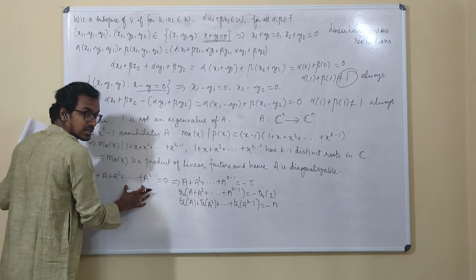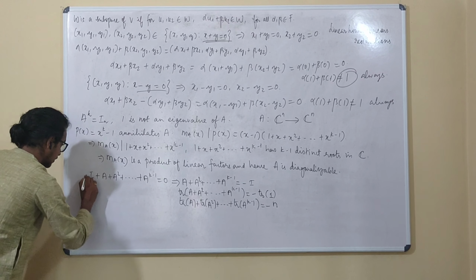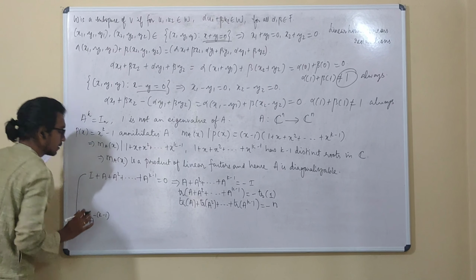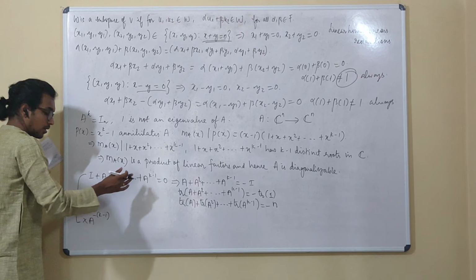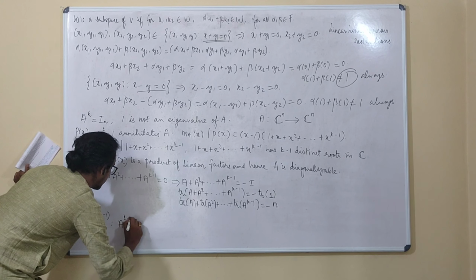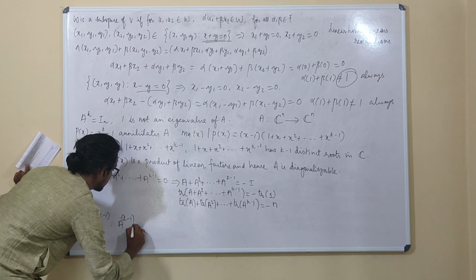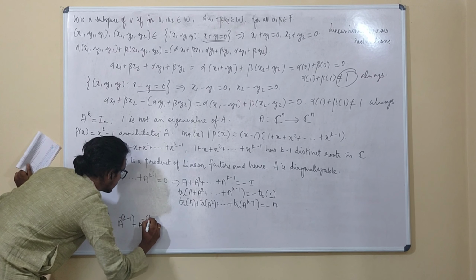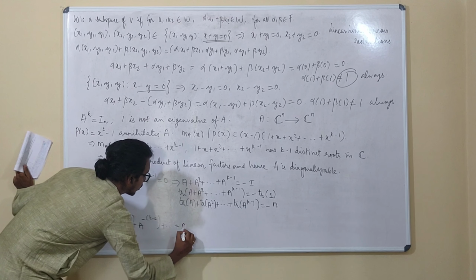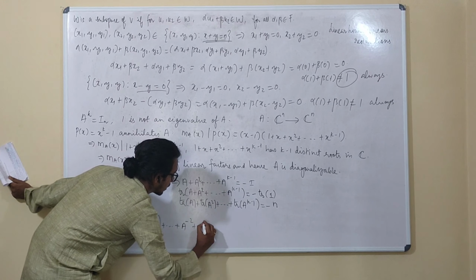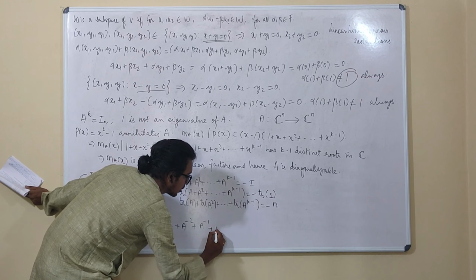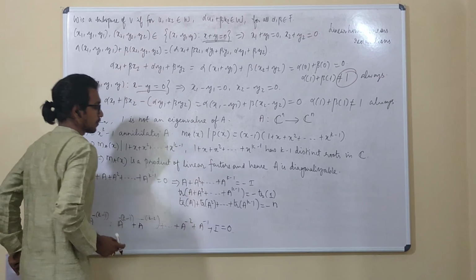Now we have this expression, right? Now multiply A to the power minus k minus 1 with this. What will we get? Simply A to the power minus k minus 1 plus A to the power minus k minus 2 till A to the power minus 2 plus A to the power minus 1, and when you multiply with this, you would get plus identity equals 0.